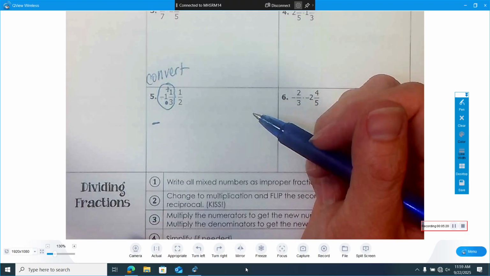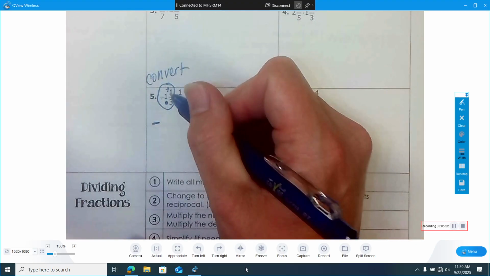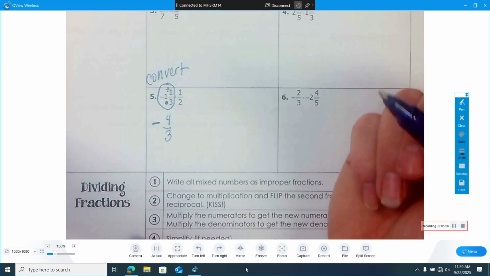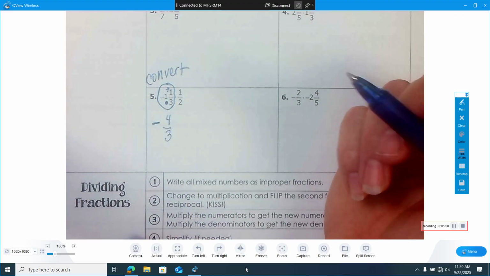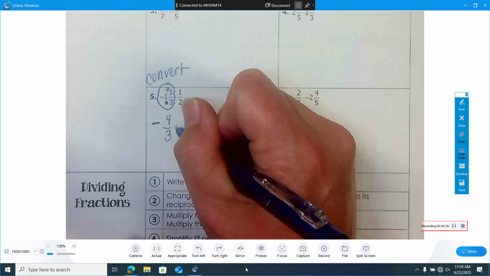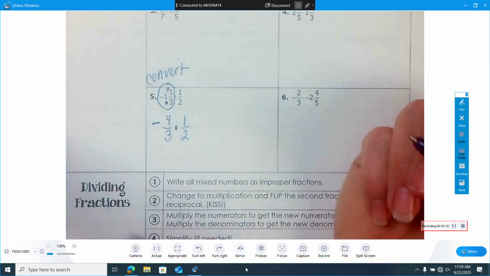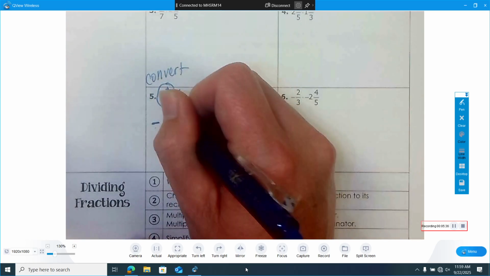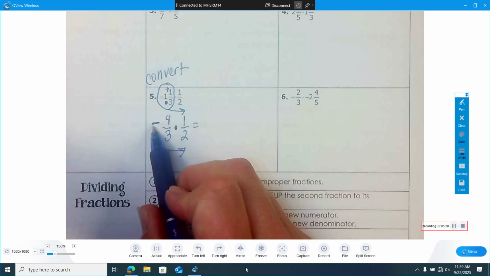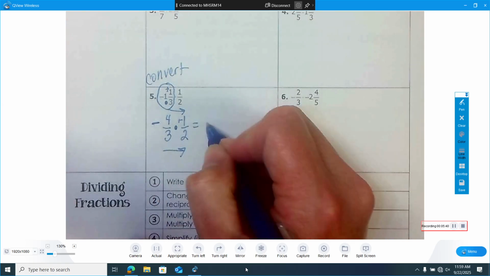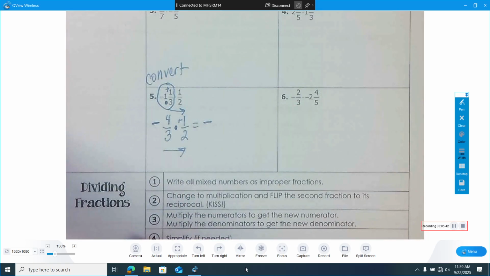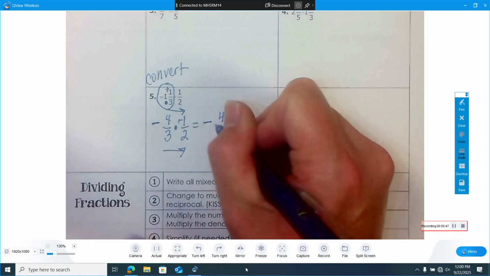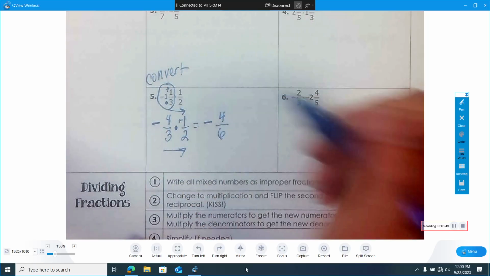1 times 3 is 3, plus 1 is 4/3. So that converts into negative 4/3. And we're going to multiply by 1/2. So then straight across, negative times positive is going to give me a negative result. 4 times 1 is 4. 3 times 2 is 6.